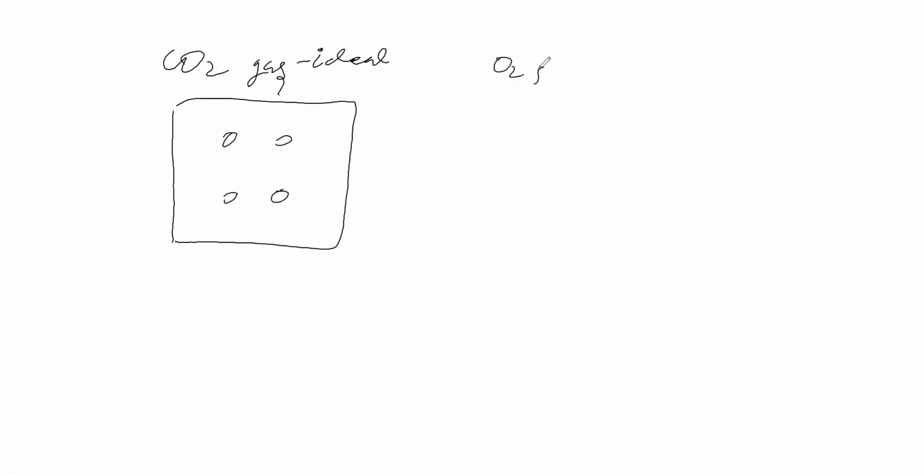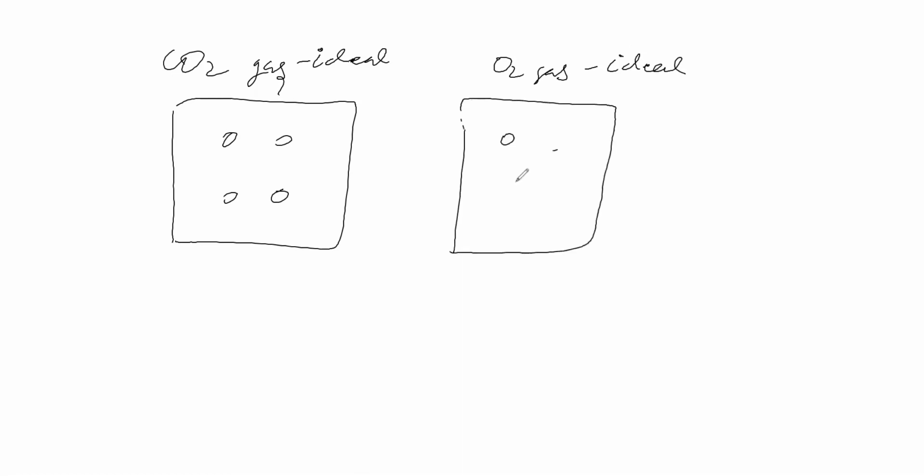We have taken carbon dioxide gas molecules here. Then we are taking oxygen gas, and we are assuming that oxygen gas is ideal. Gas molecules are present here. Ideal in the sense no interaction, therefore no attraction, no repulsion.